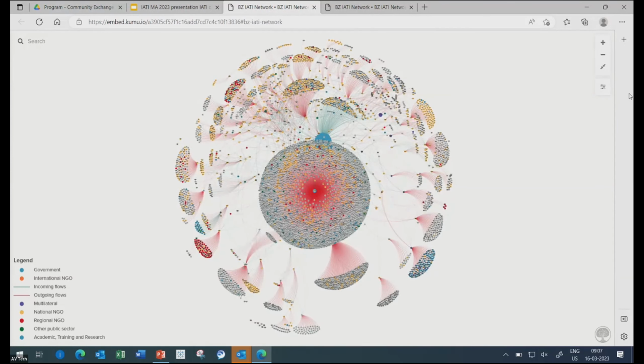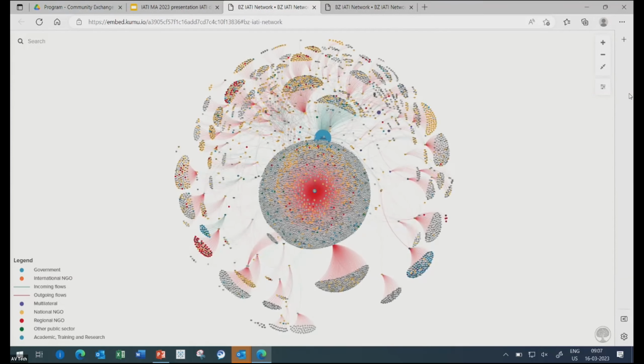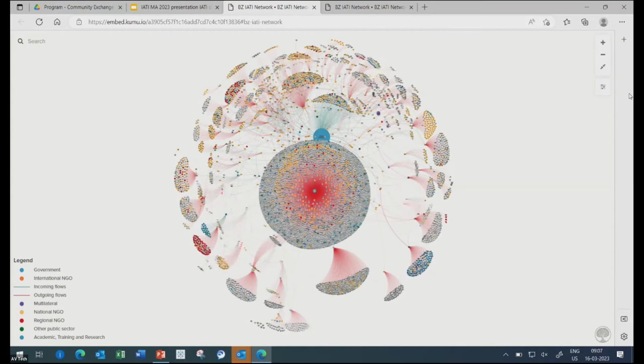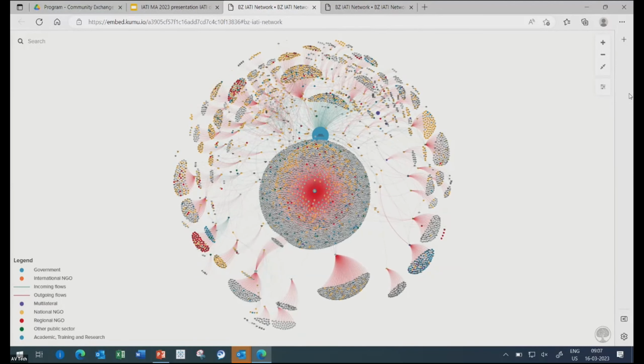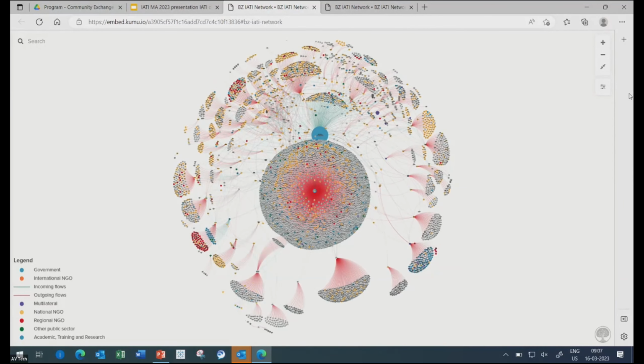So not quite live, but still young, shall we say. That blue dot that's appearing from that big cloud, that's the Ministry of Foreign Affairs in the Netherlands. All of those other dots are organizations. And the red and blue lines is funding. So if you are funded by the Netherlands, you are in here somewhere.